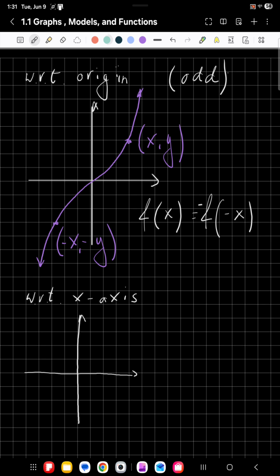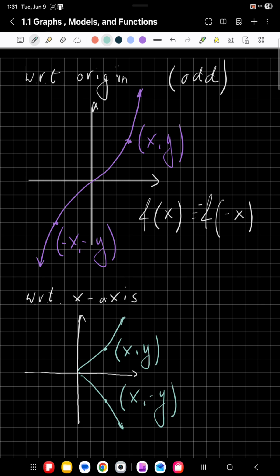And so something like this. Okay, so you guys, I hope you see that symmetry. Right, so if I have a point here with coordinates x, y, then I have a corresponding point right there with coordinates x, negative y.